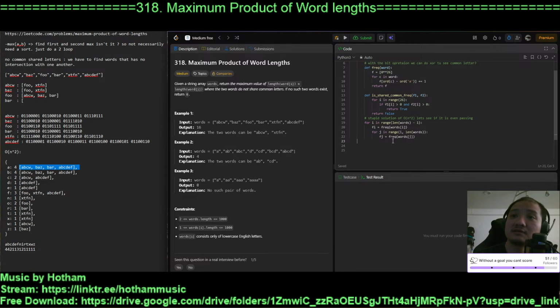So basically, if is share common frequency, right? We pass in fi and fj, and we know that if not share, then we calculate the max product with length, right?